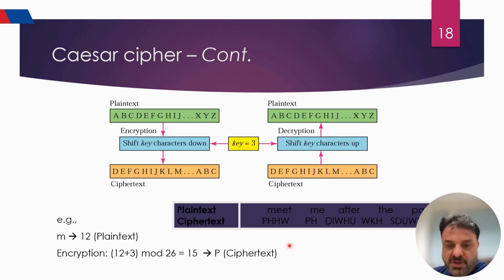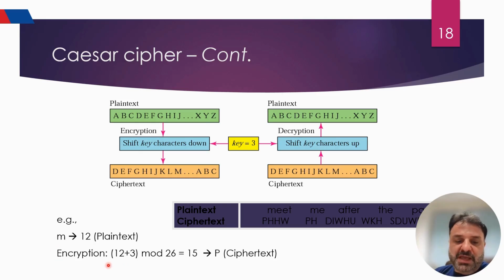And also, if we have a plain text and an encryption using 3, as you can see here, for example, character M in "meet me after" something. M is 12 in alphabetical order.